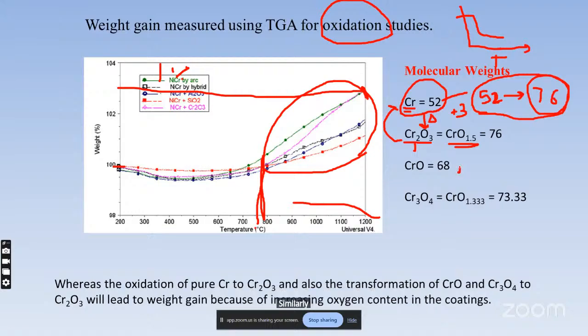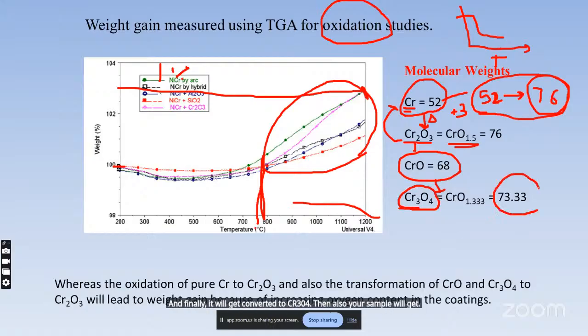Similarly, if you get CrO formation initially, and finally it gets converted to Cr3O4, then also your sample will gain weight, because oxygen per chromium atom, here it is one chromium atom and one oxygen, but after heating at higher temperature, the oxygen fraction in your molecule will increase.